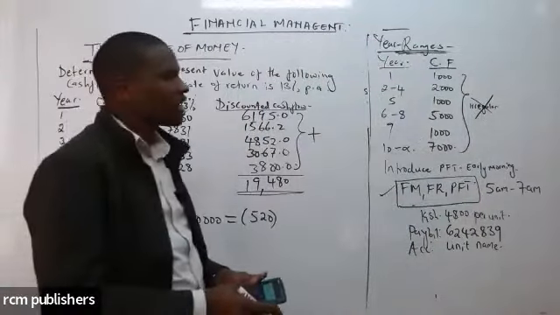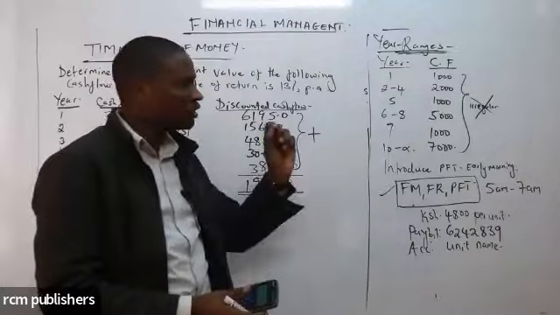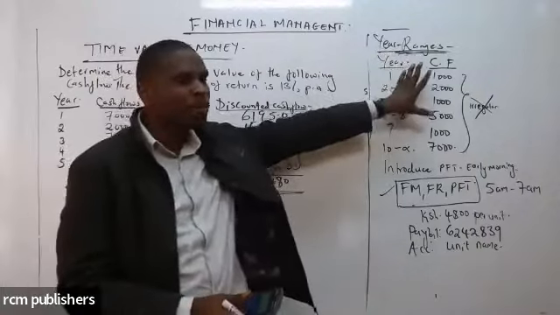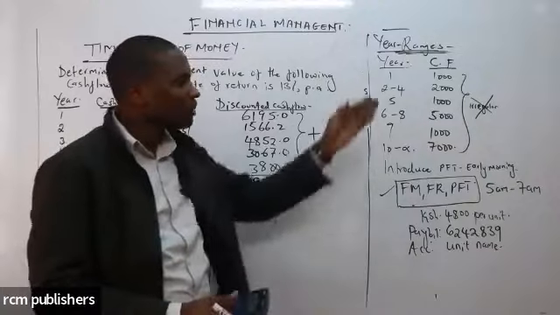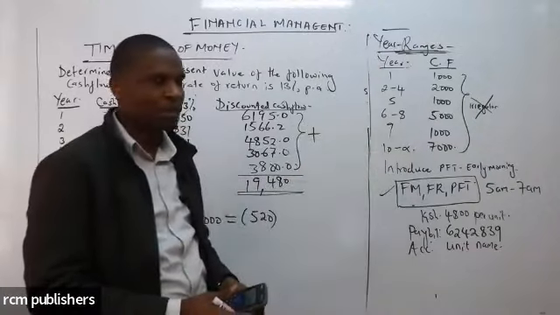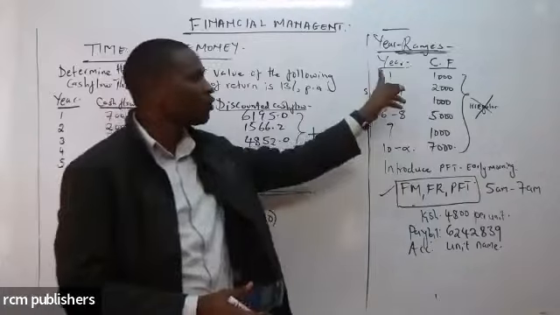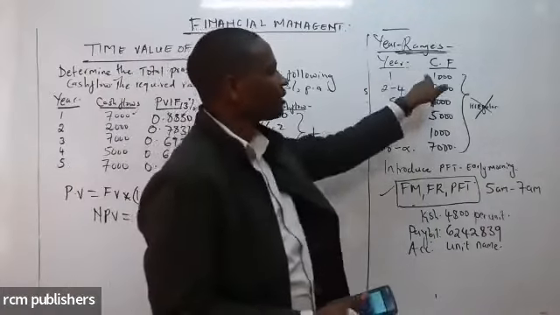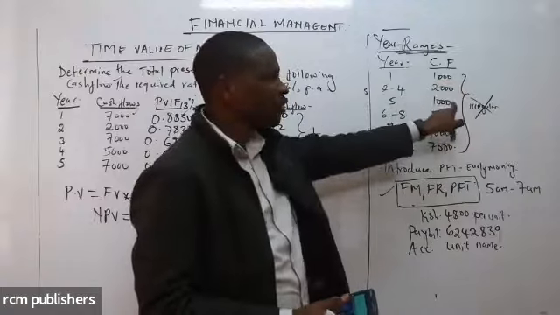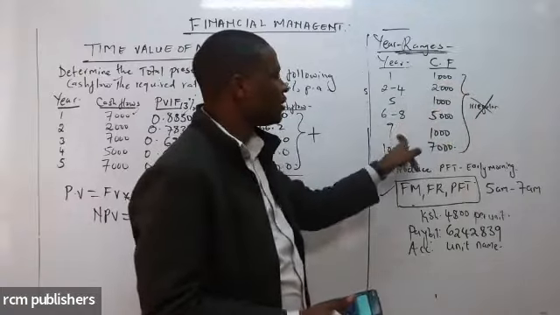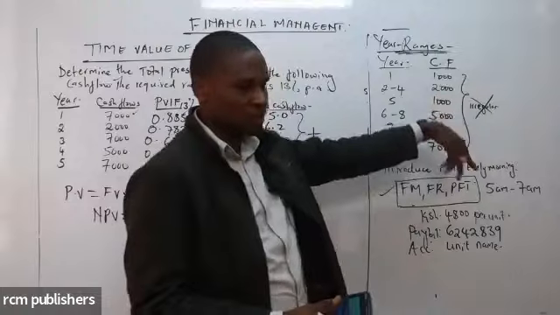In solving such a question, class, it calls for looking at both columns. Look at the year column and look at the cash flow column. Year 1 has a standalone cash flow of 1,000, year 5 a standalone cash flow of 1,000, and year 9 a standalone cash flow of 1,000.